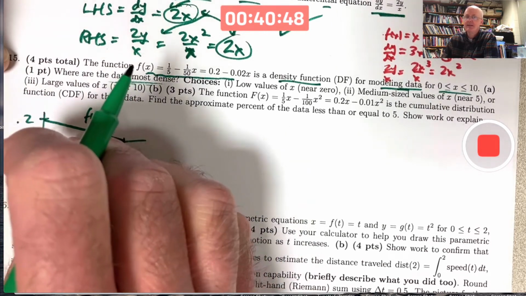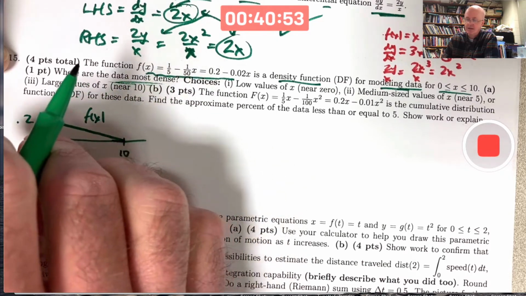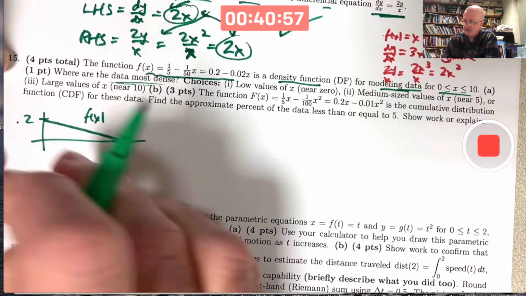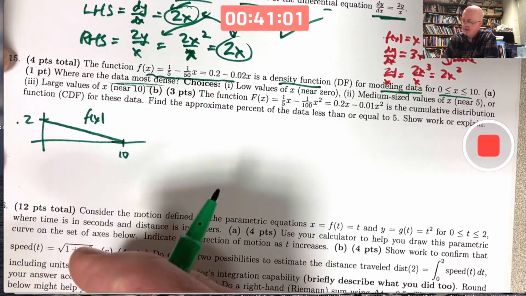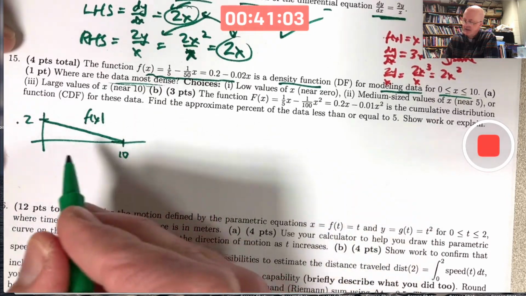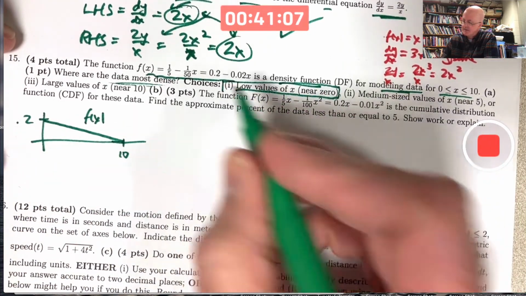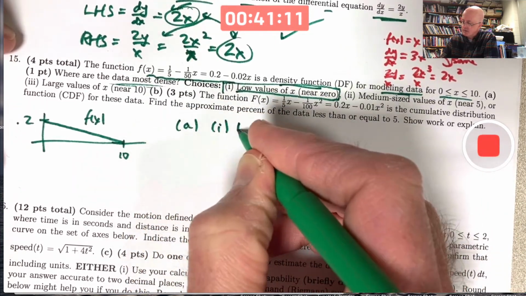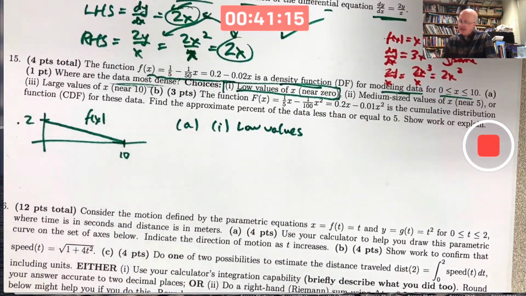If it were representing the mass density, say in grams per centimeter, a linear density of a thin rod, it would be most dense where the graph is highest, near 0, and least dense where the graph is lowest, near 10. So as far as part A goes, your choices are low values of x, near 0. Okay, that's the answer. Part A, the answer is 1, low values. Not medium-sized or large values.